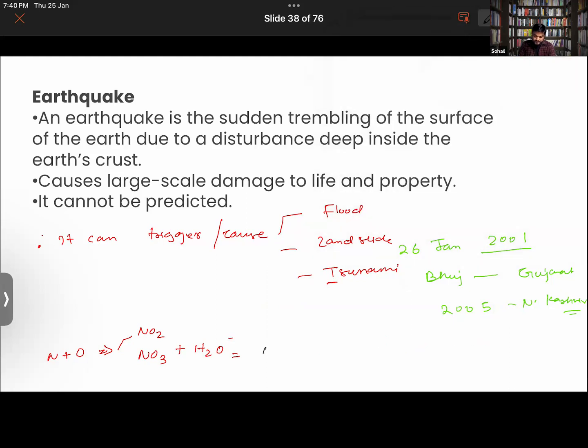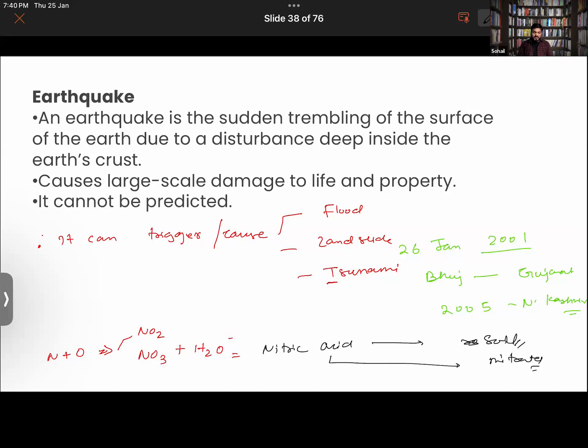Then when the rainwater falls upon the soil, in the soil minerals and salts are present, so it will now be combining with the salts. Getting it now, right? So again, for the second time, it forms nitrates.